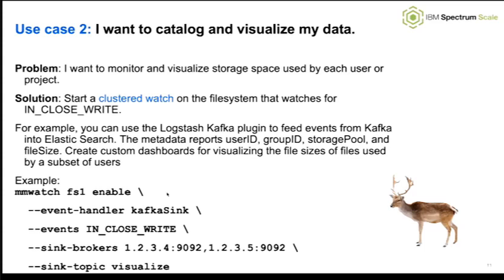Based on those previous metadata records that we showed before, you could pull things such as user ID, group ID, file size, storage pool, access time, etc. And using those JSON objects, you can create custom dashboards inside of, let's say for this example, Elasticsearch, and you can visualize that on a user subset or even a group subset to see the file size, which correlates to what user or what group.